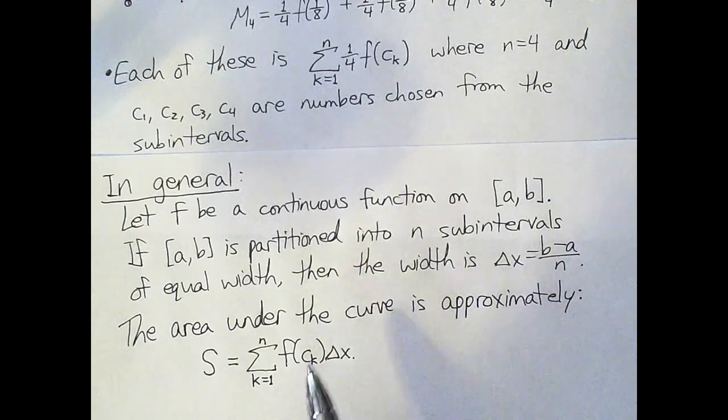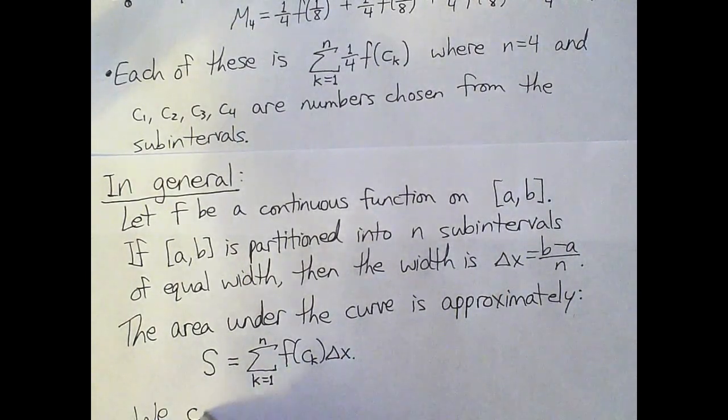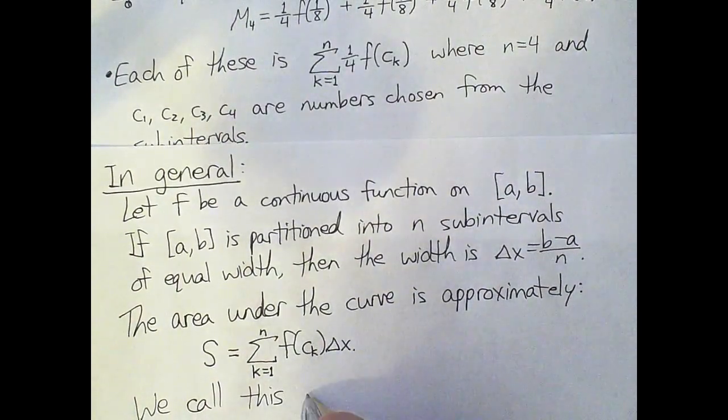And I moved the delta x over to the right instead of having it out front. But these are two things being multiplied by each other, f of something times this, and you can do them in either order. And you know what this is called already. We call this a Riemann sum.